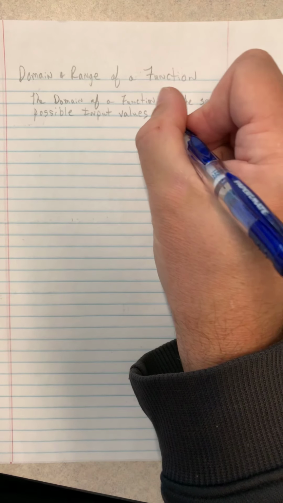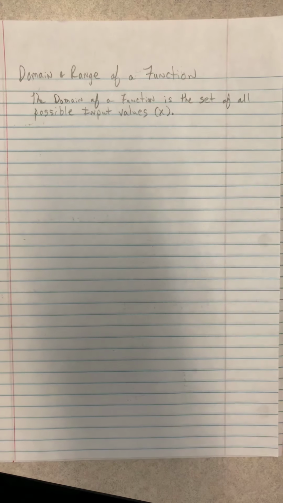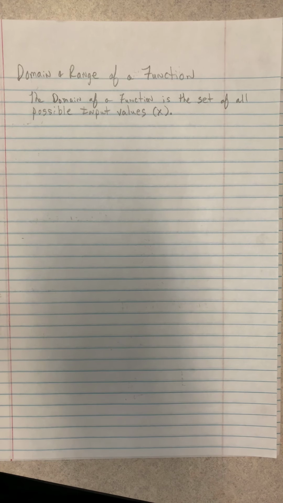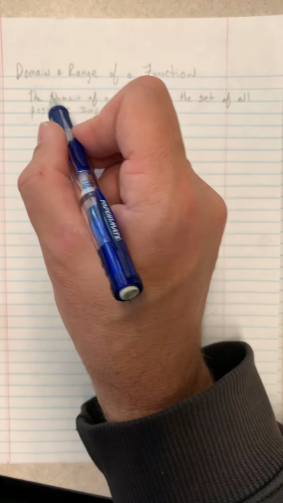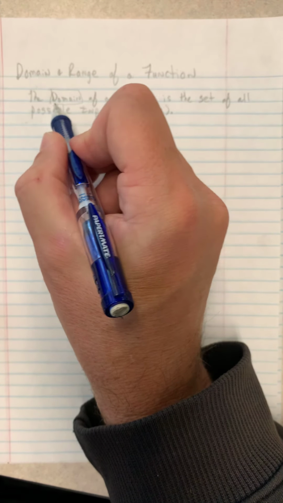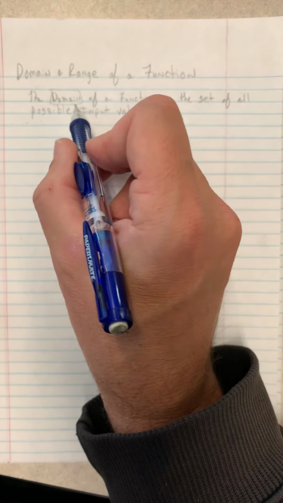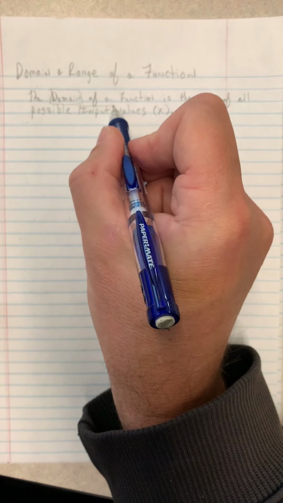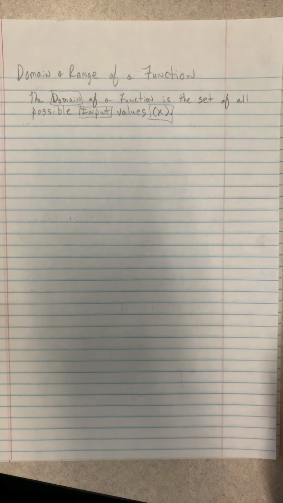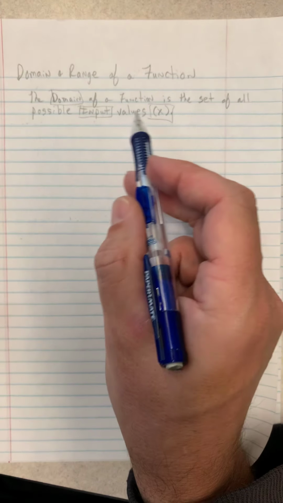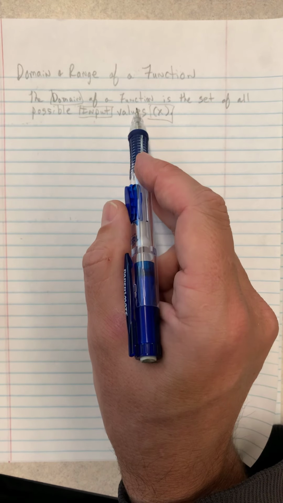And remember, inputs are my x's. We're just building our vocabulary of different ways to call x. I can call x the domain. Those are the possible values of x. We call x input, and we call x just x when I'm talking about a coordinate plane. Input, x, domain. Domain refers to x.